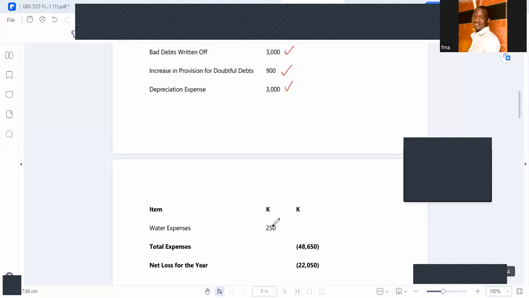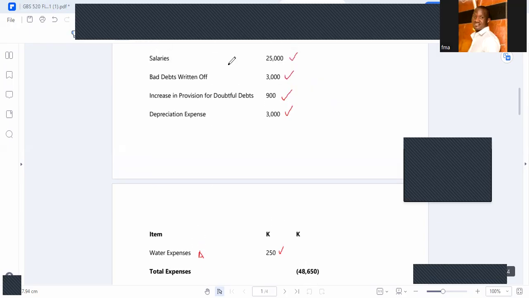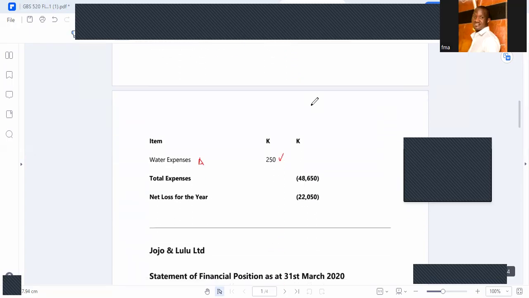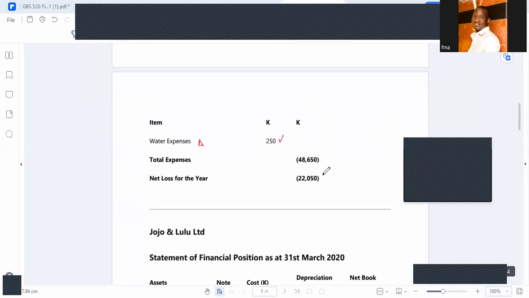Then water expense, this was 250. This was an accrual, and the 500 here was a prepayment. Okay. The prepayment was what? 500. The one we subtracted. Do you understand where we're coming from? So when we less expenses, we get a net loss of 2250.